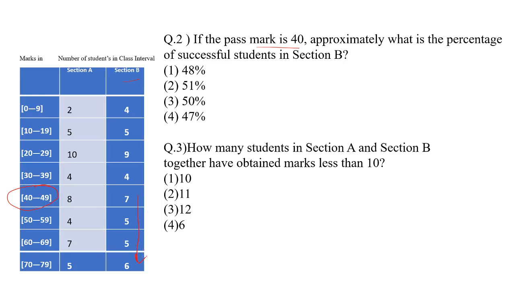All these students have passed, right? So these are 7 plus 5 plus 5 plus 6, that gives 7 plus 6 is 13, 13 plus 10 is 23, and 23 upon the total number of students, 45 in a school.